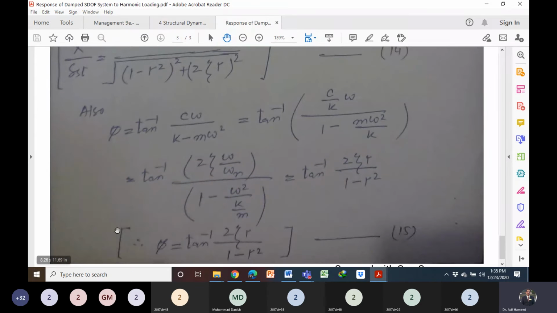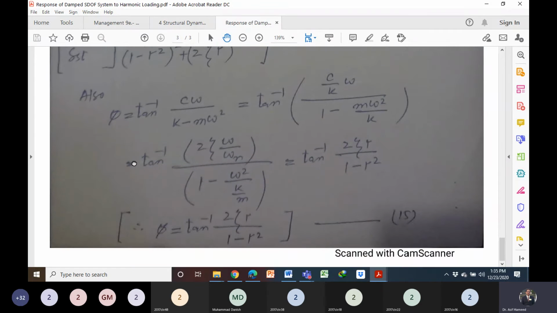We can also find out the value of phi, the phase angle, in terms of the damping ratio and the frequency ratio. Phi is equal to tan inverse of c omega over k minus m omega square. We can again divide the denominator and the numerator by k. C over k, we have seen, is equal to 2 zeta over omega n, multiplied by omega, so 2 zeta omega over omega n.